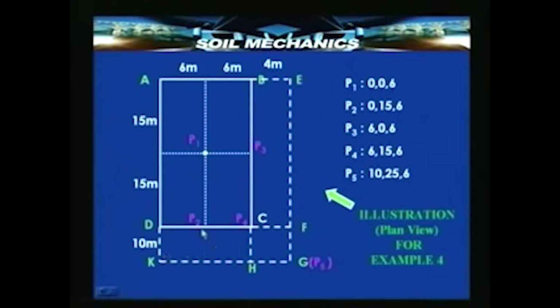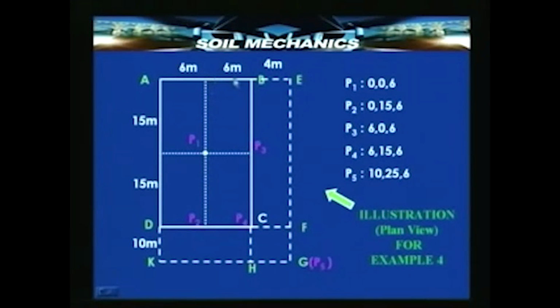Whereas, for P2 we can take it to be lying at the corner of 2 larger rectangles. For example, this rectangle of 6 meters width and 30 meters in the y direction has P2 below one of its corners.